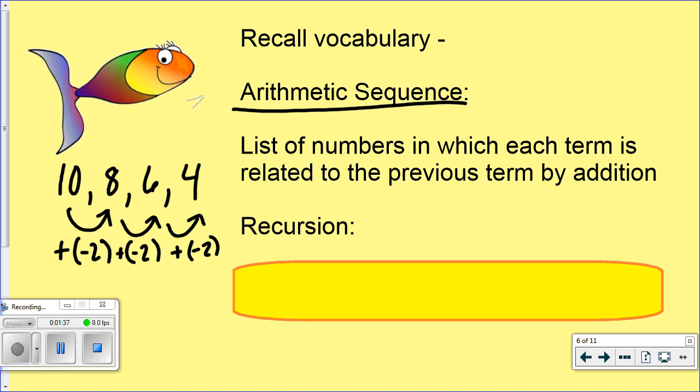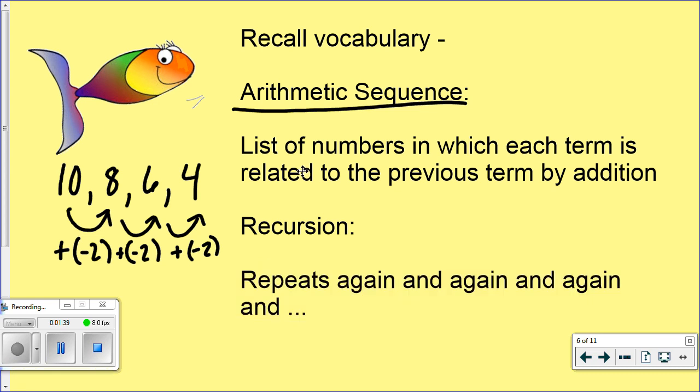Now, what is recursion? If I think back to my Sierpinski triangles, those fractals we talked about, it's something that repeats again and again and again. And like an arithmetic sequence, it depends on what happened before. Remember a Sierpinski triangle, where I am connecting the midpoints of all of my upward-facing triangles?